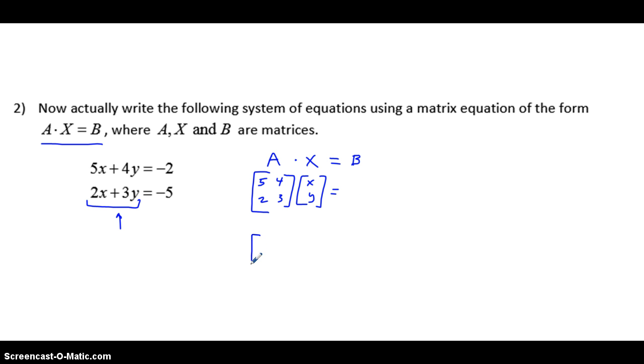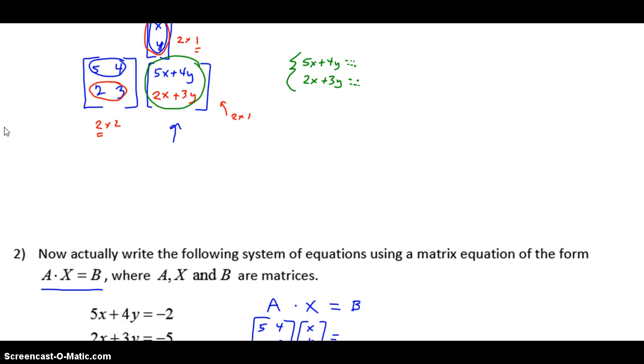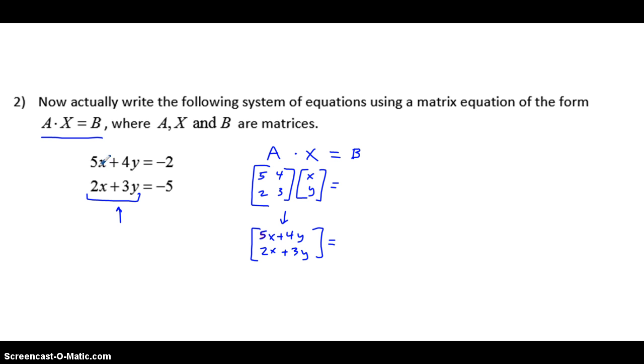Well, let's just copy the result from up top. All I've done here is multiply out these two matrices, which is the same thing we did up here in number 1. That's the result. Now we see that this first element of this matrix, 5x plus 4y, in the system of equations we want that to equal negative 2.